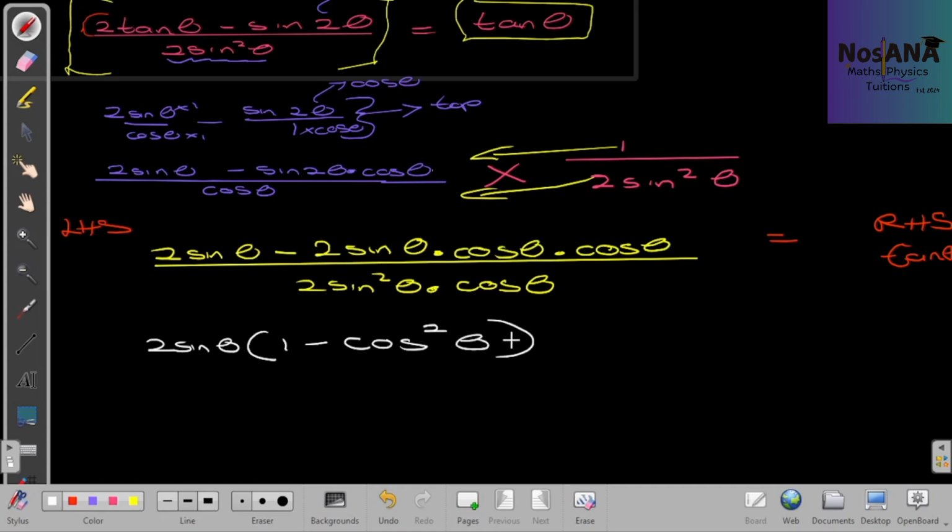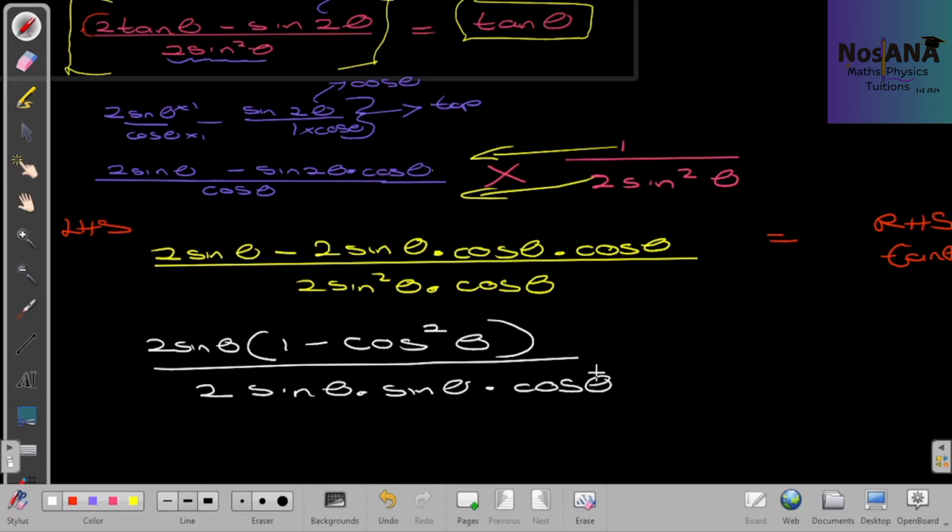And on the bottom now, I also have 2 sine, but allow me to separate it and say 2 sine theta times sine theta times cos theta. Please allow me to do that. The reason why is that I can just cross out. So this and that will cancel, this here and this here will cancel out. Okay, cool. So we are not done.